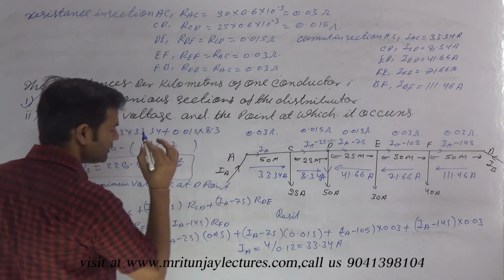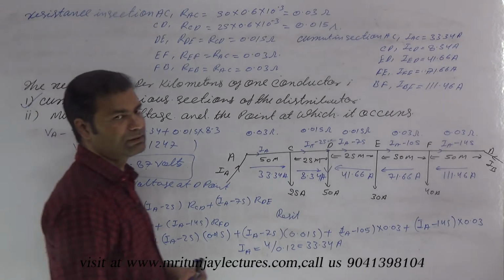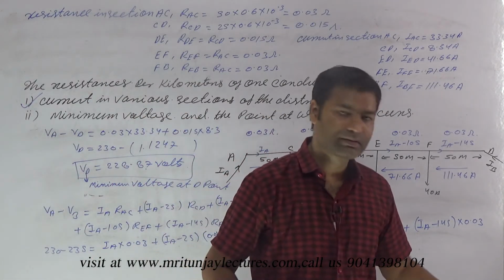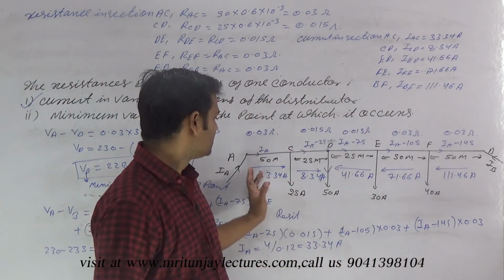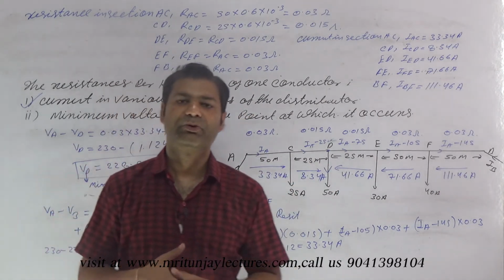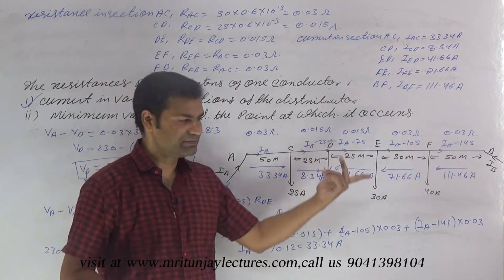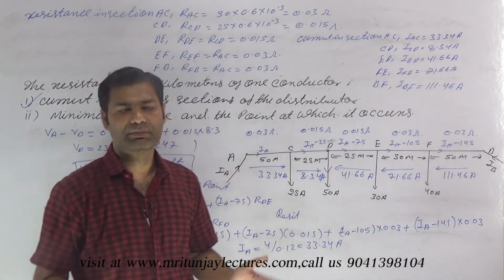So make it very simple. First of all, determine current in all sections, IA. After that, resistance. What about resistance in all sections? After that, VA minus VB will equal the voltage drop.